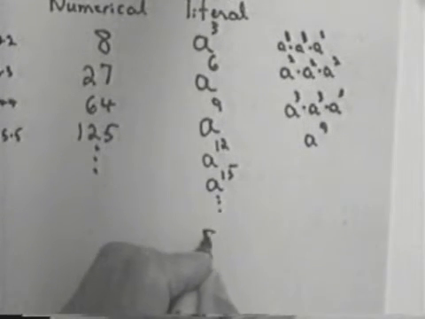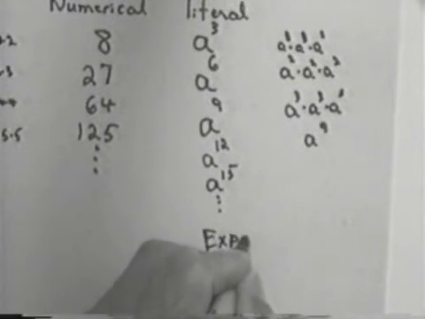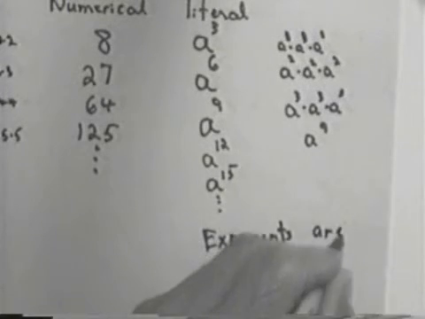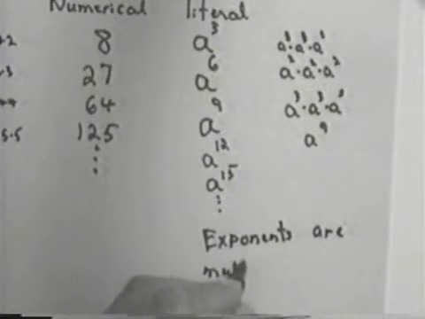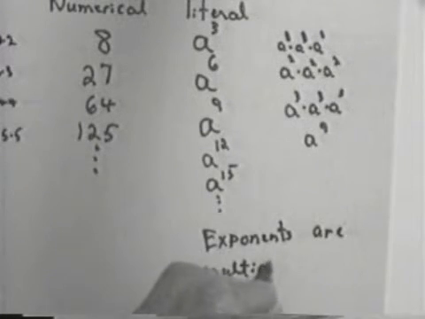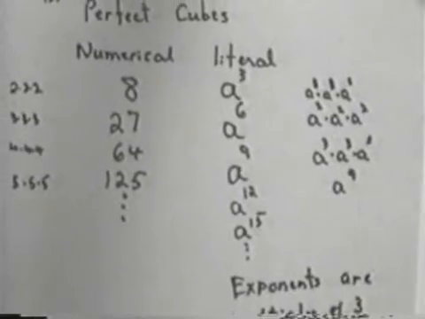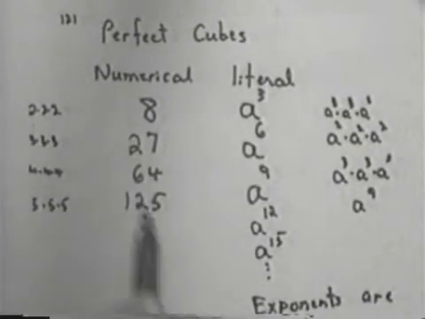And in other words, for cubes, the exponents are multiples of 3. So you've got your numerical cubes, you've got your literal cubes.